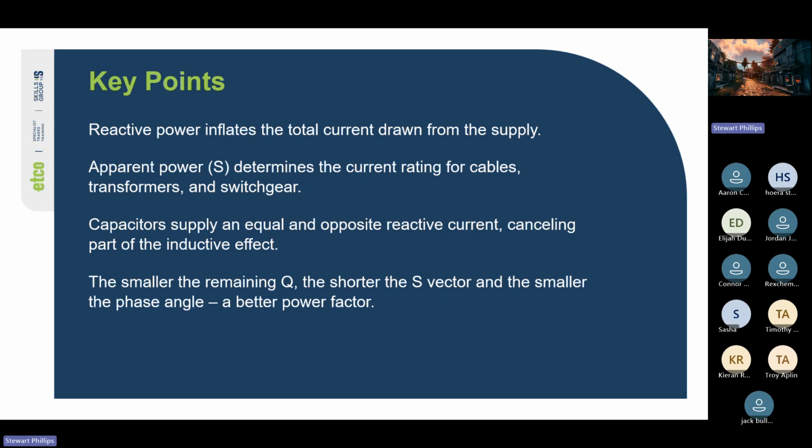So once we know the VAR that we need to achieve, we can then figure out the capacitive reactance that we need to achieve that.